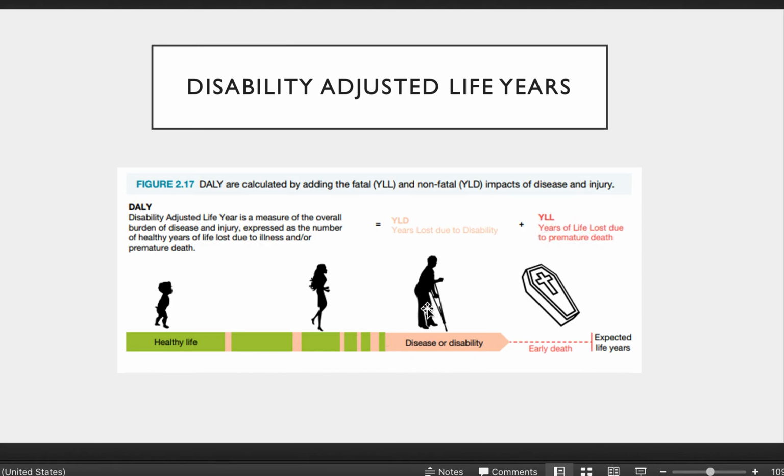However, in those years where that person was living with a disability, injury, illness, they have YLD. And so if we add up the YLD and the YLL, we can work out what the disability adjusted life years, the DALY, is for any person who has met the end of their life early.